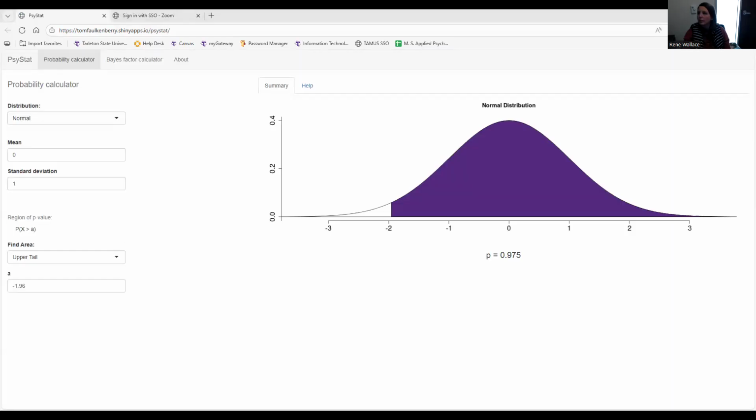And see which screen you can see. Okay, perfect. Okay, so here you can see this is the website, tomfalconberry.shinyapps.io. So on here, I'm just going to refresh so that it's clear.